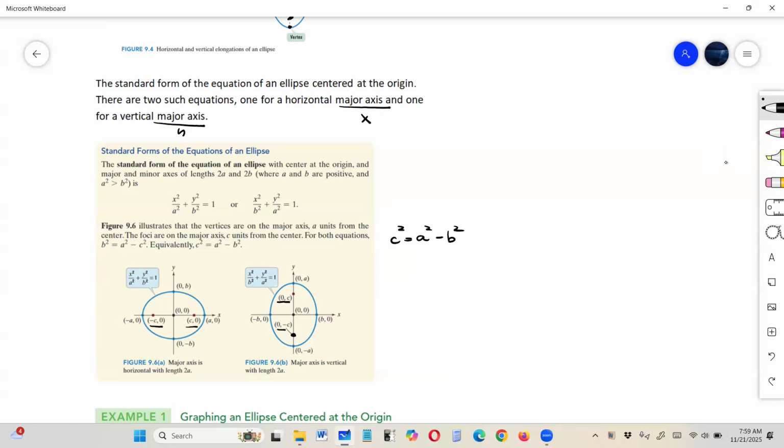Okay? Now, the four points that we need to be able to find on the ellipse are these four points right here, 1, 2, 3, 4, regardless of whether we have the one sitting on x or the one sitting on y. If the ellipse is sitting on x, then notice the two extreme points are a units away from the origin (0, 0). So all we have to do is take the square root of a squared.